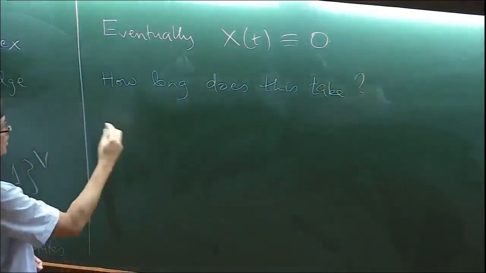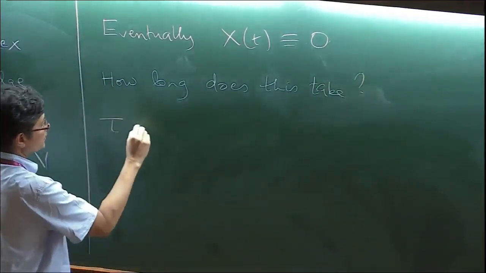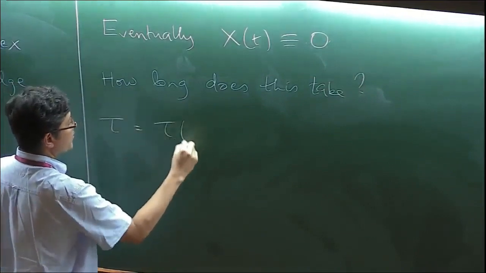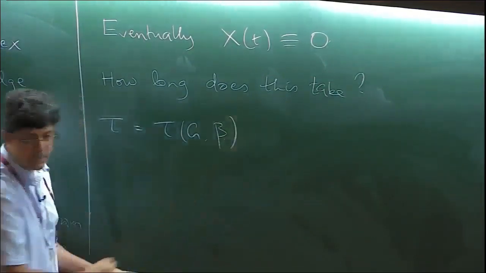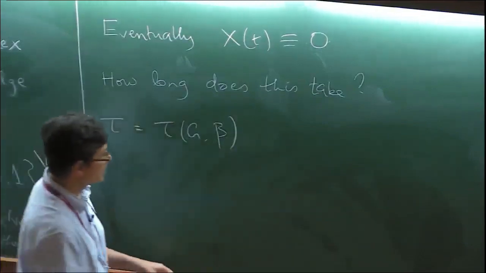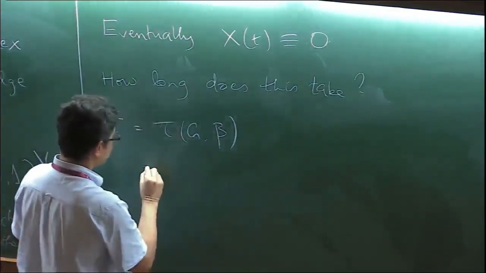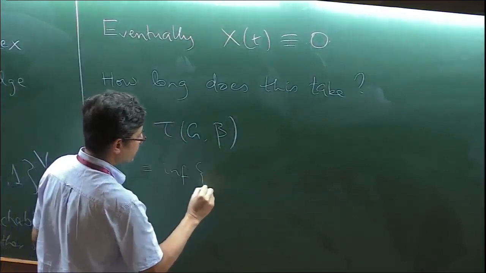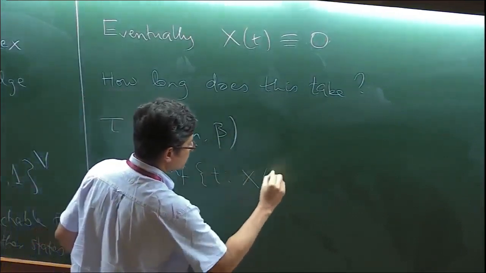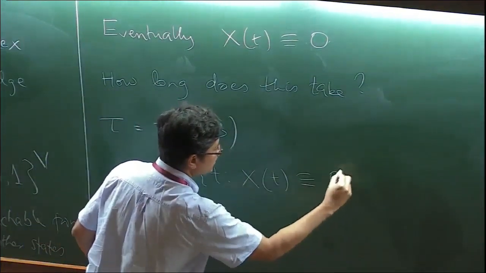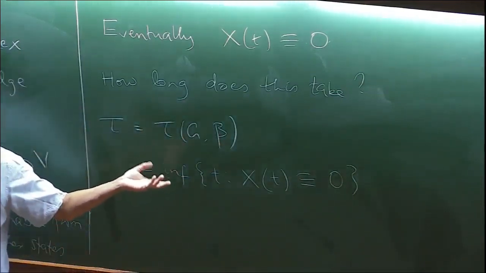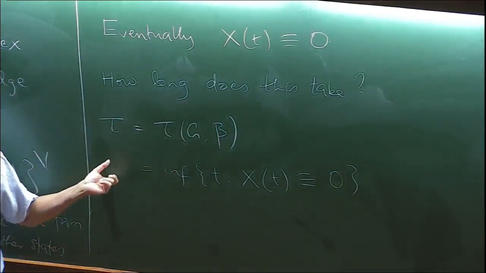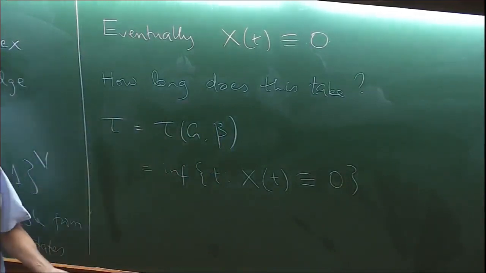And let's define tau, which is a function of G and this infection rate beta, as the first time to hit this absorbing state. On finite graphs, we could start from the configuration where everybody is infected, let's say.